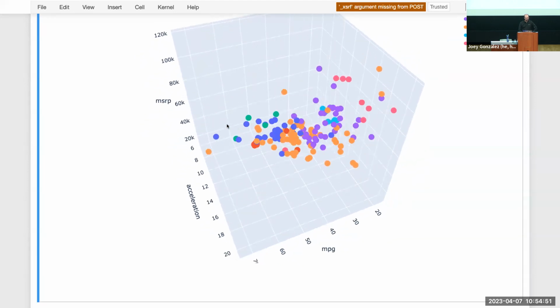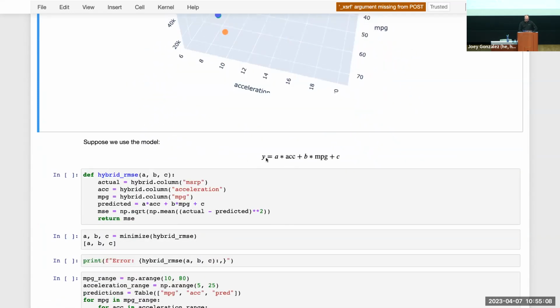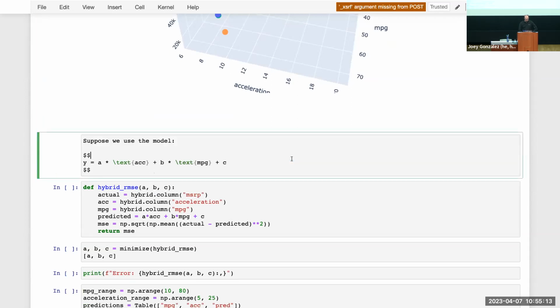A line could work, but actually I want a plane. For any acceleration and any MPG, I want you to tell me what the MSRP, that's the manufacturer suggested retail price, or just for simplicity, the price of the car. Okay. So I need an equation. And here's my equation. I'm going to say the price is going to be some slope times the, oops, sorry.